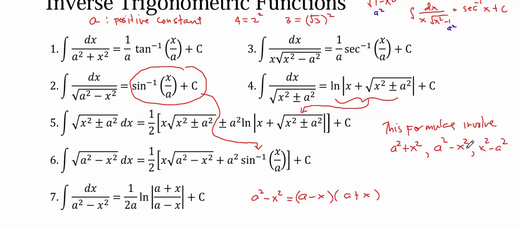So, sum of two squares or difference of two squares. Here, the constant term comes first; here, the non-constant term comes first. So these formulas involve a sum or difference of two squares where one of them is a constant.